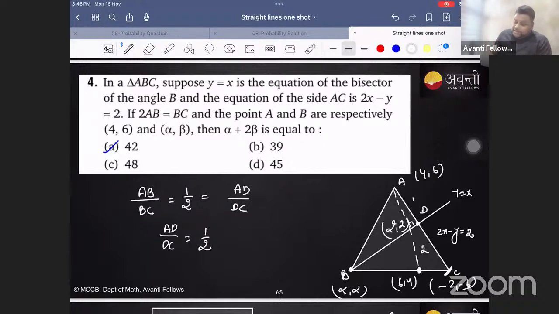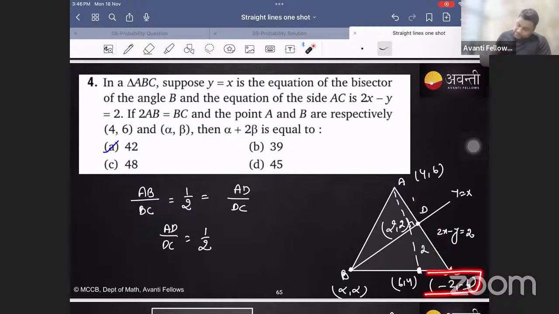So since BD is the angle bisector, AB upon BC will be AD upon DC, and AB upon BC is 1 by 2, so AD to DC is 1 by 2. Now if you solve this bisector and the given line, you get the point of intersection D as (2, 2). Now with the section formula, in the ratio 1:2, you can get this point. This point comes as (-2, -6). Am I correct?